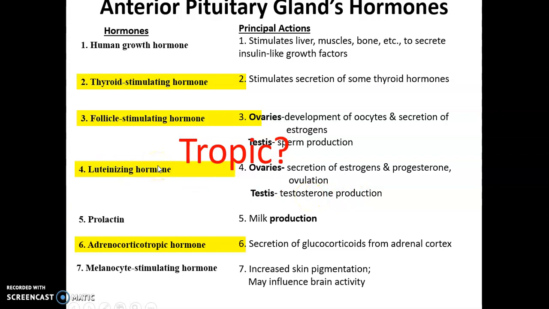So again, a tropic hormone. And adrenocorticotropic hormone has it in its name, tropic hormone, because it causes the adrenal cortex to produce a category of hormones. Prolactin is not tropic because it is not leading to the production of hormones. Same for melanocyte stimulating hormone and growth hormone.